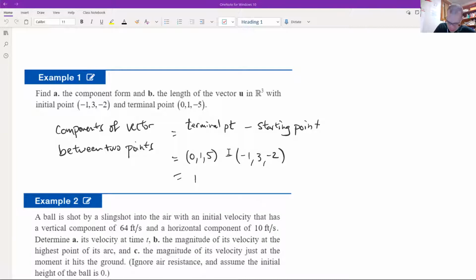There are a couple different notations that we can use here. The first one, I'll use the angle brackets, but I'm also going to use the stoplight version too. So 0 minus -1 is 1, 1 minus 3 is -2, and 5 minus -2 is 7. So hopefully that is the vector in component form using the angle bracket notation. This also could be written as 1, -2, 7 in stoplight form.